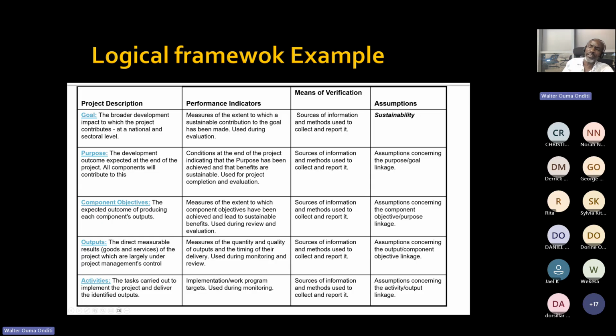Some projects have components, some don't. In this case, I've just brought one that had components. If the component was not there, then you'll go to the purpose, or if you framed it in terms of result, you'll be talking about objectives here, the outcome here, and of course the outputs and activities follow there. The next column that you have there is the key KPIs.